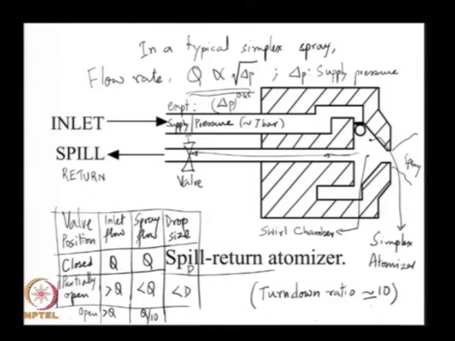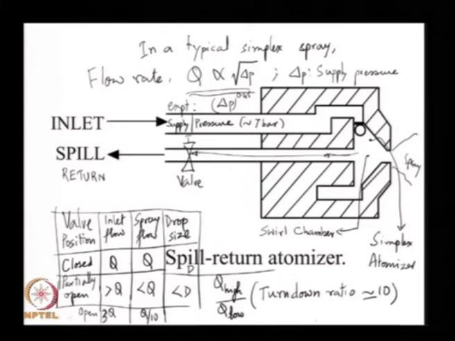Turn down ratio is defined as the highest flow rate possible in that nozzle divided by the lowest flow rate. So, when I have a factor of 10 lower flow rate coming through there, this inlet flow rate is, let us say, typically about a factor of 3 higher.